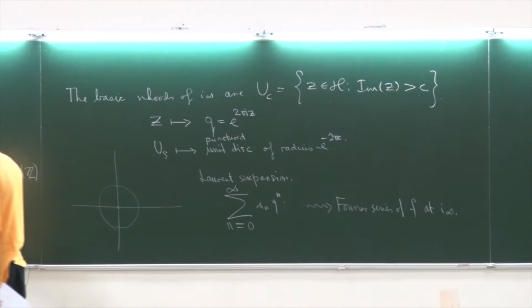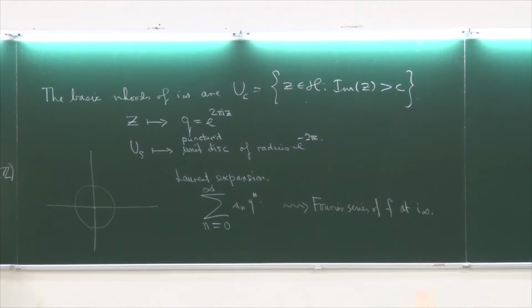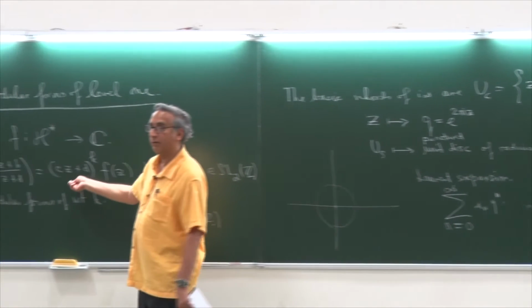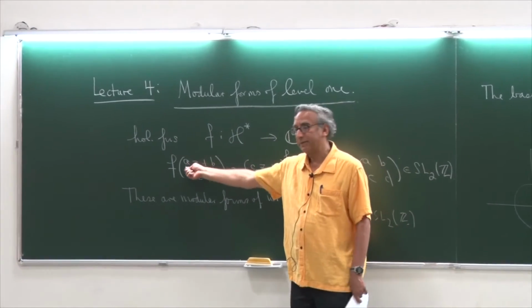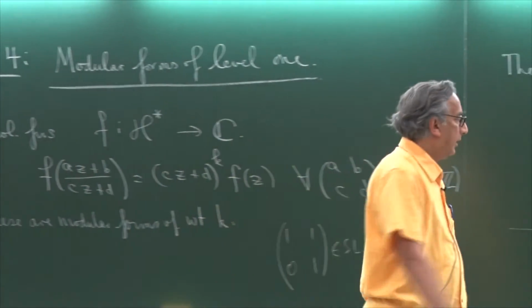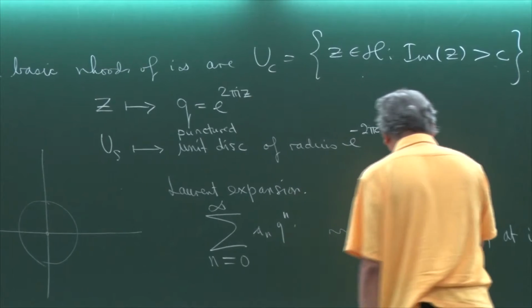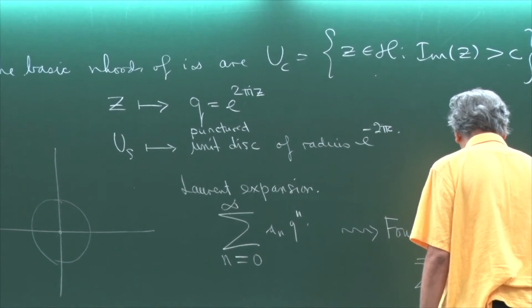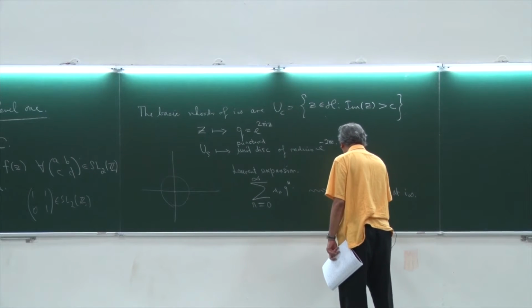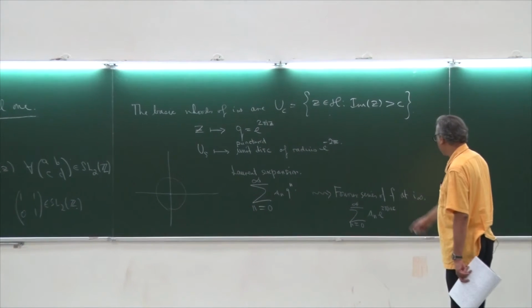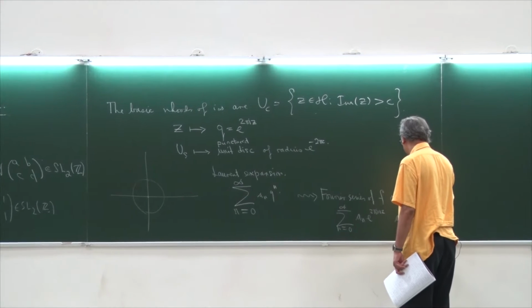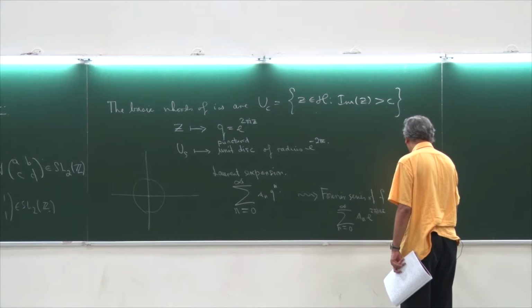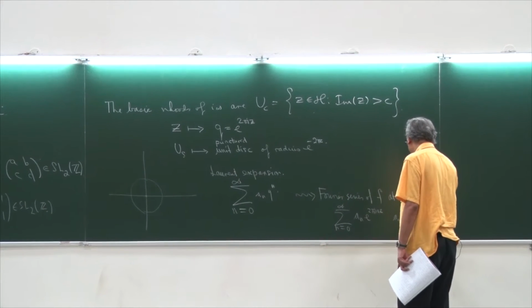So we can talk about the Fourier expansion of the function at infinity. Notice, by the way, here the element (1, 1; 0, 1), the translation element, is an element in SL2Z, and because we're looking at functions which transform in this fashion, that translates as f of z plus 1 is equal to f of z. Therefore, the Fourier expansion is not surprising, and sometimes we write this in this fashion. And these a_n's are called the Fourier coefficients of f at infinity.